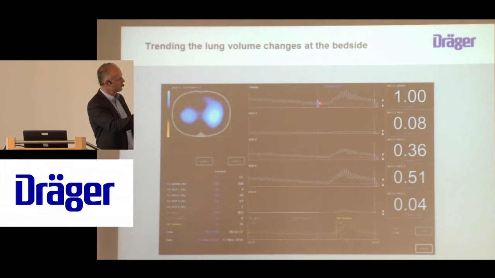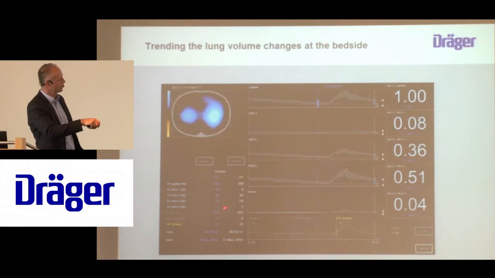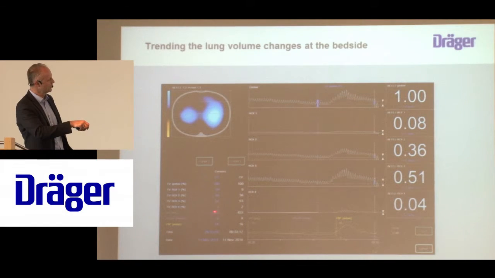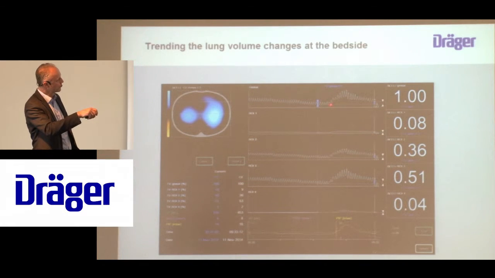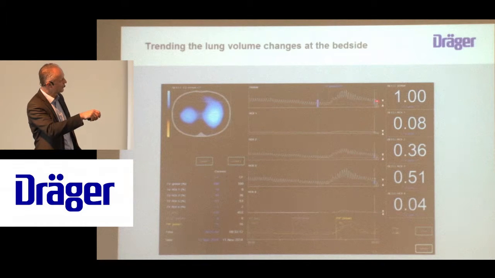If this breath corresponds, like in this example, to a tidal volume of about 400 milliliters, and then we see after a recruitment maneuver, we get an increase of lung volume, which is represented by this offset here. So the lung volume increase is the same magnitude as the tidal volume at this spot.